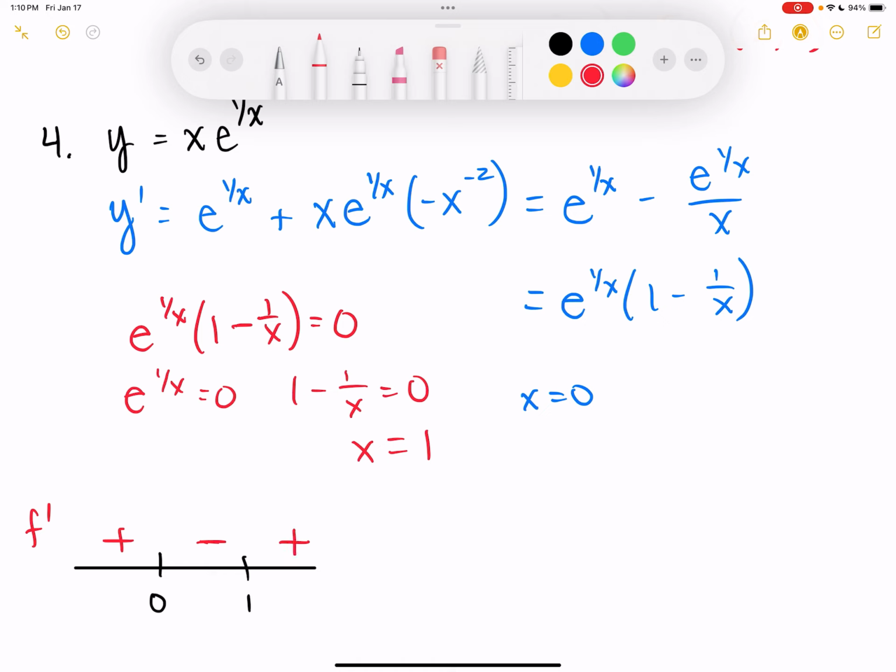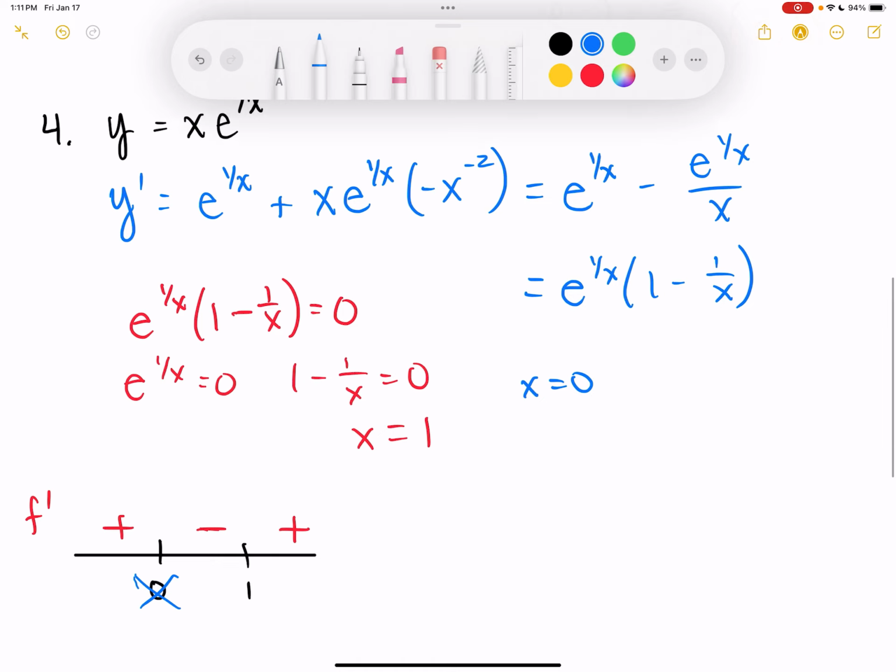So, if I were to use 0 in the original, that causes a problem. So this can't actually end up being a min or a max. But it does change sign there. It's just something different happening. But over here it goes from negative to positive, so what is that? Min.